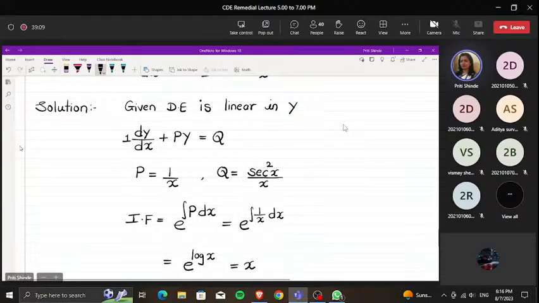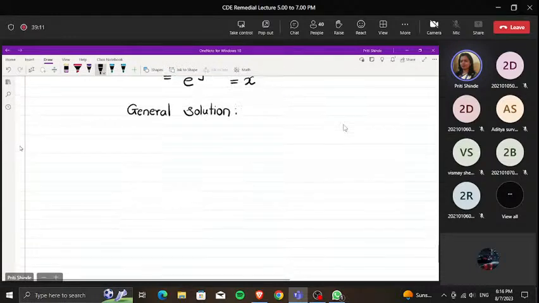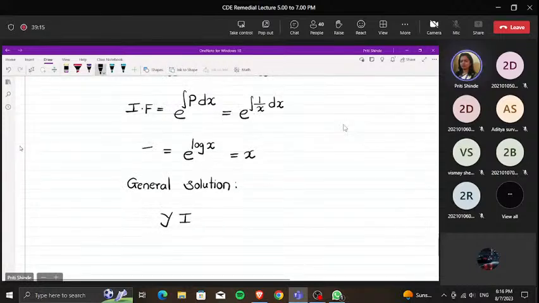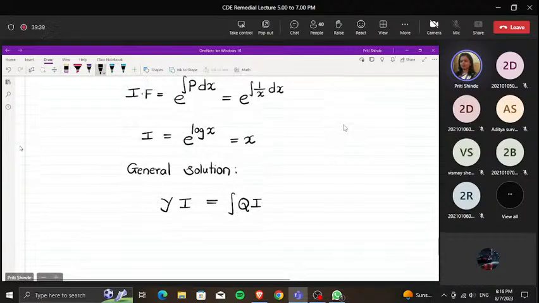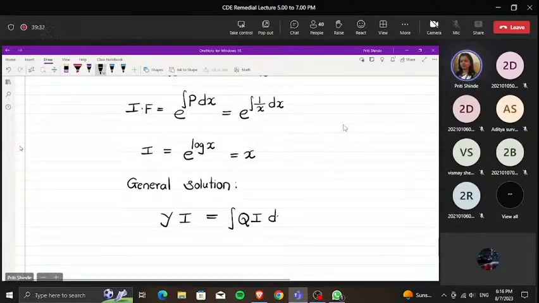Since it is linear in y, my general solution is y into I, where the integrating factor is I. If your differential equation is linear in x, your general solution is x into I, integration of q into I, with respect to y, plus c.